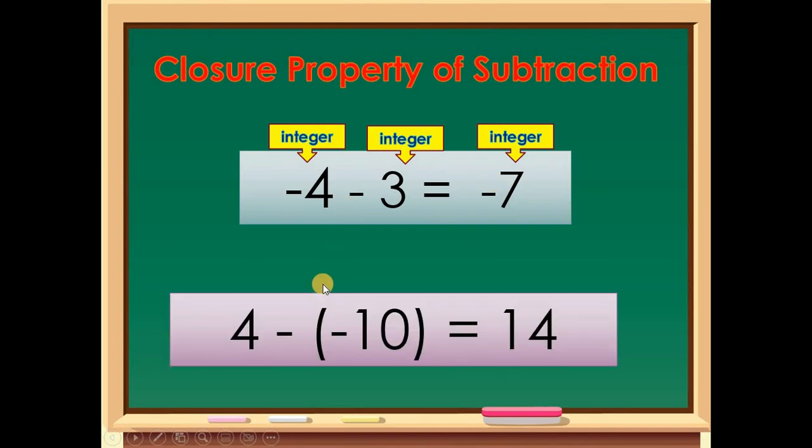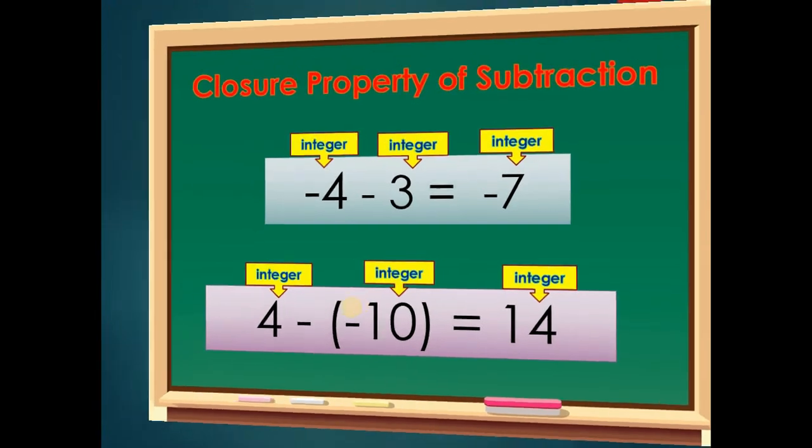Okay, so this one, we have here positive 4 minus negative 10 is equivalent to 14. So this positive 4 is an integer, while this negative 10 is also an integer, and the result is also an integer. So therefore, we can consider this as closure. So therefore, there is a closure in subtraction.